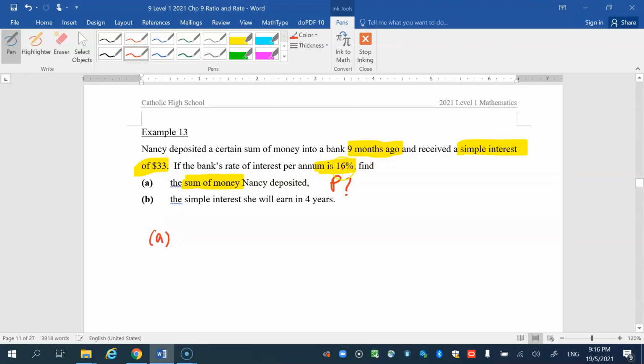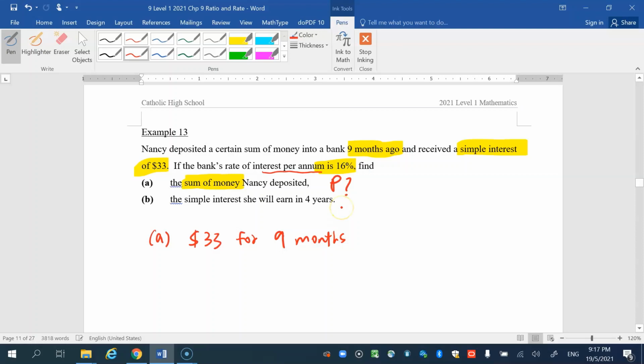Okay, so for part A, how do we do it? Now we realize that the $33 that they're referring to is the amount that she got for 9 months. But then this interest rate, 16%, is actually for 1 year. So let's find out for 1 year how much interest would she have received. Okay, so $33 is for 9 months.